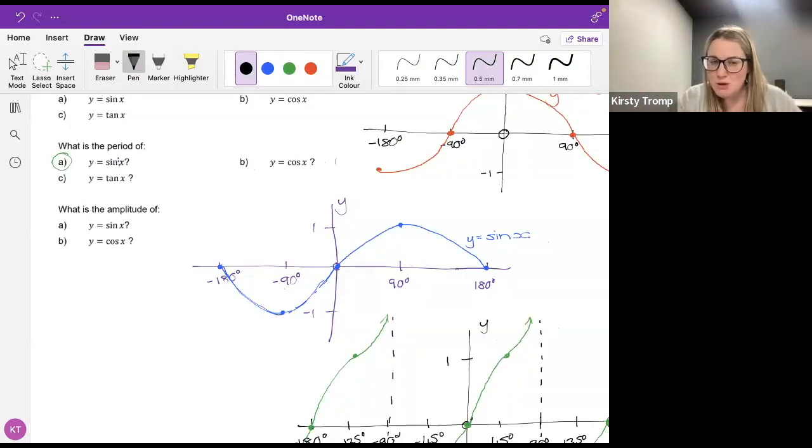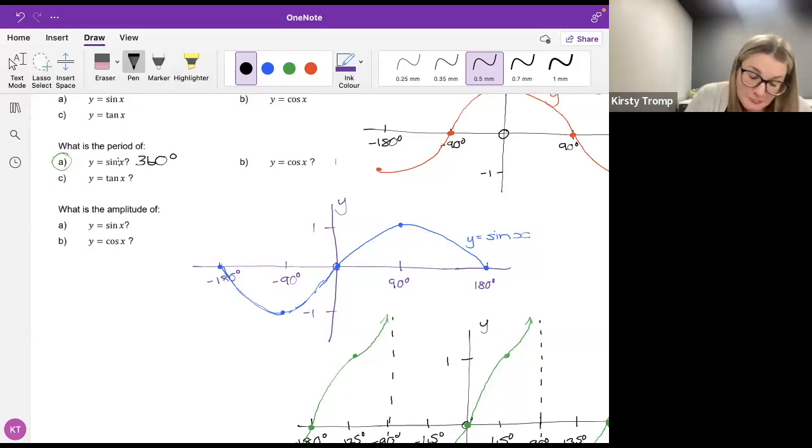You should be able to unmute yourself. Okay, maybe not. All right, so the period for y is equal to sine x will be 360 degrees.